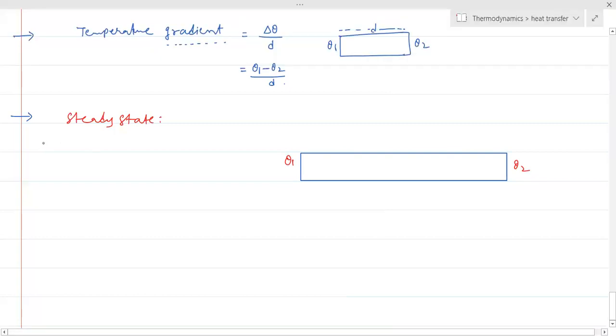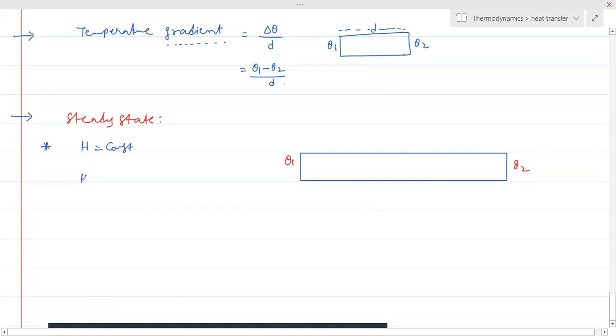Steady state means that H remains constant, not the temperature difference. H equals K into delta theta by D, which is constant. For a single rod, K is constant and the area of cross section is automatically constant, so delta theta is proportional to D.